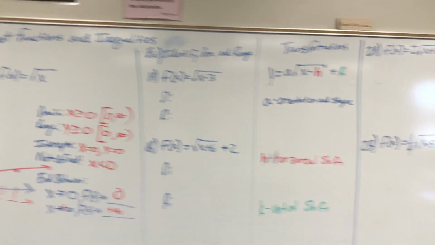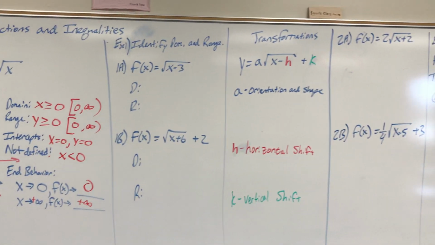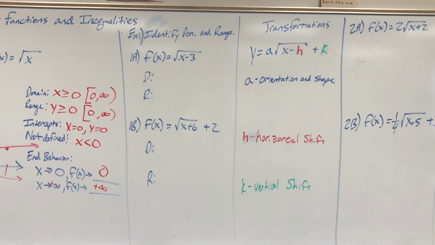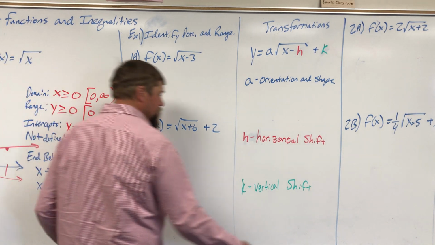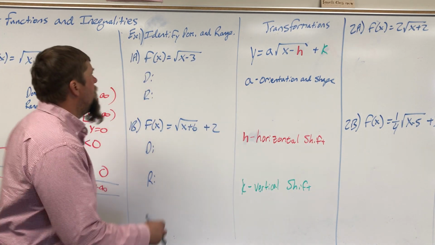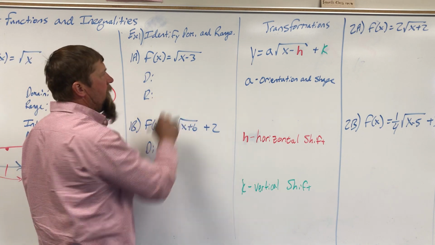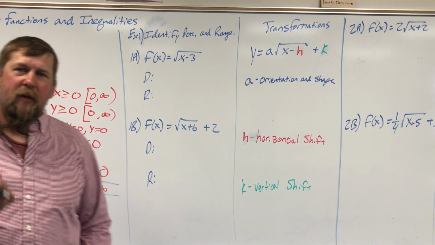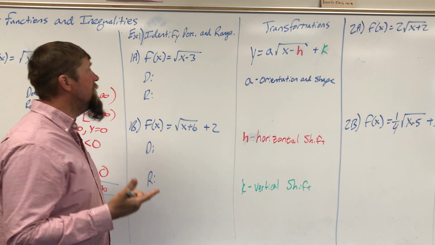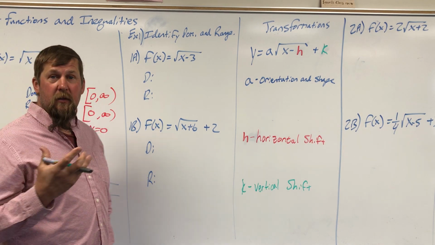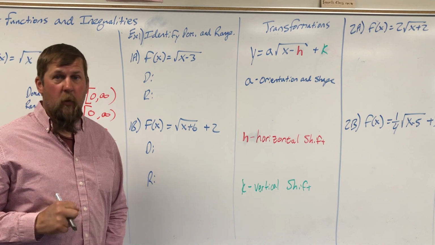Okay, so let's go on to example 1, and let's talk about domain and range. When you look at a function, f of x equals the square root of x minus 3, you cannot have a negative value underneath the square root sign.